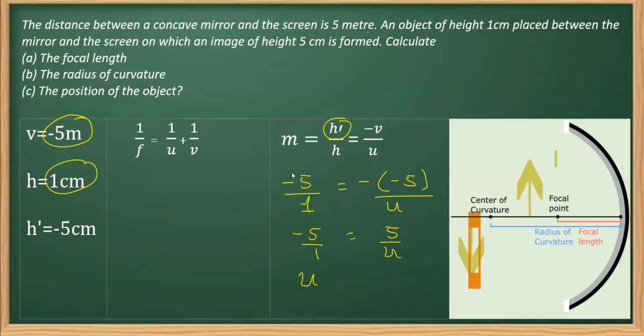We don't write units here. By cross multiplication, we get u as 1. And here 1 should be in meters, because this is the distance of the object and the distance of the image is given in meters. So it will be in meters.